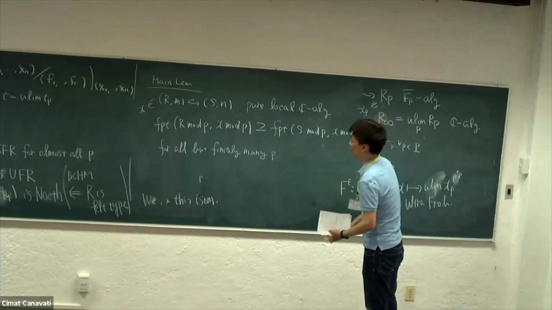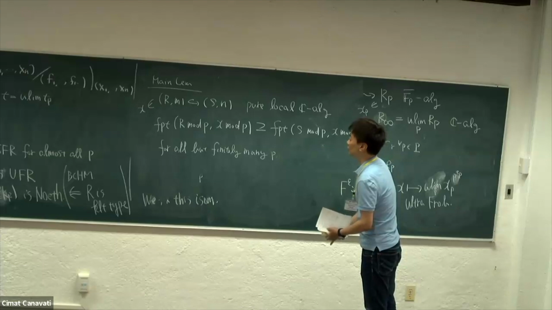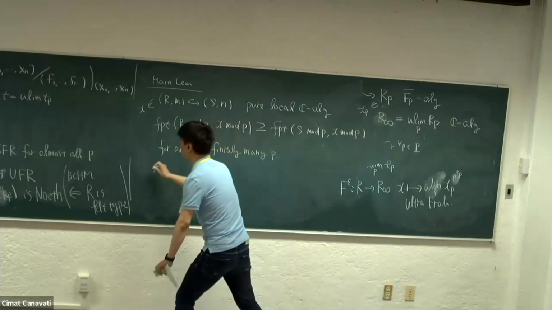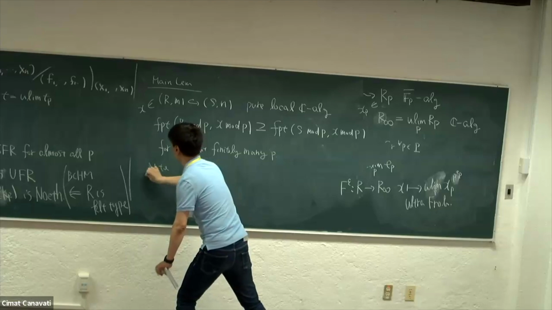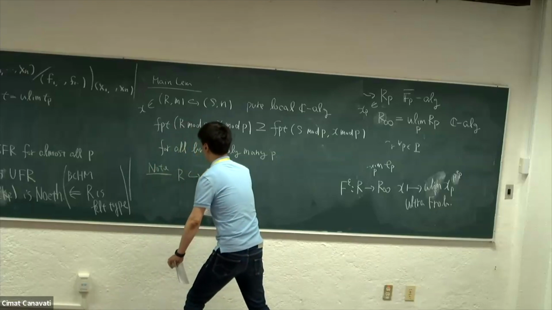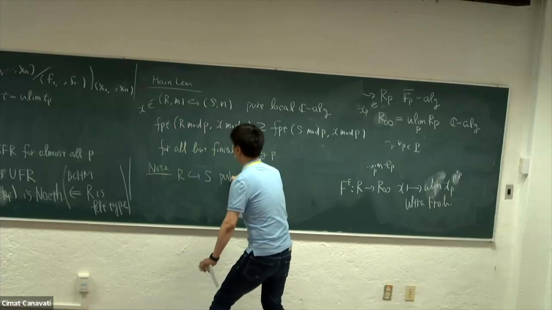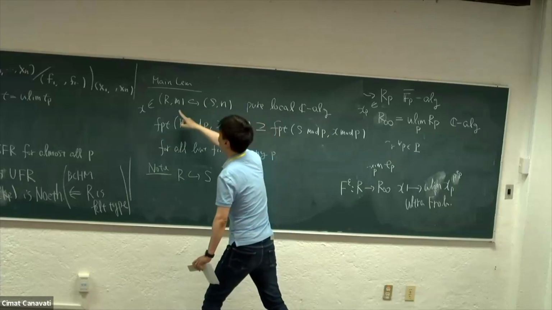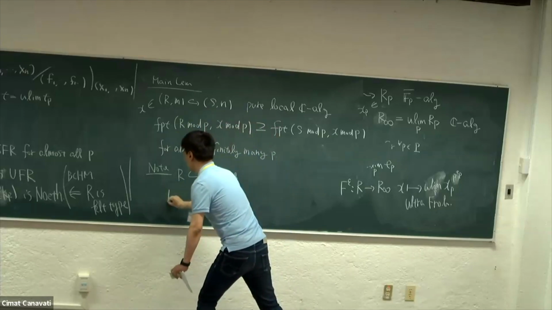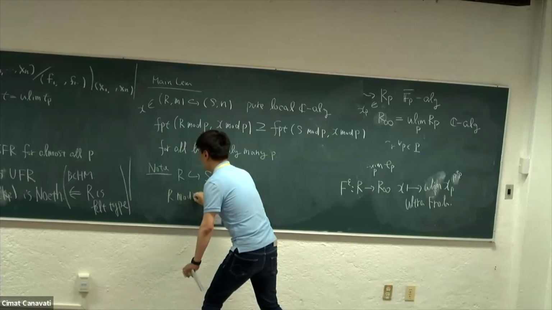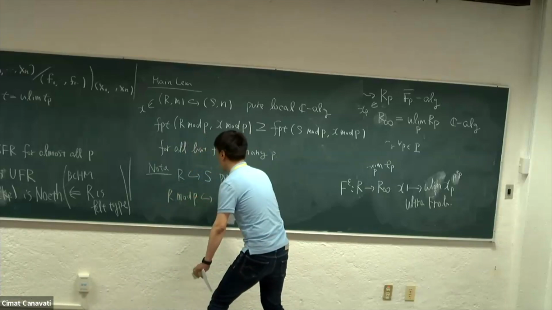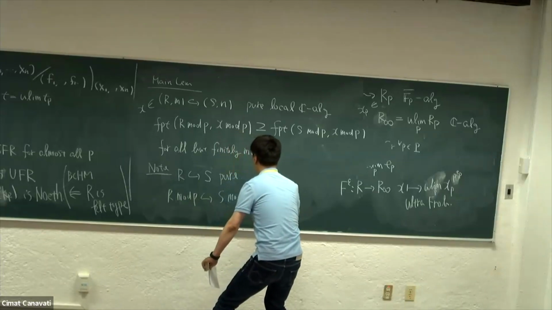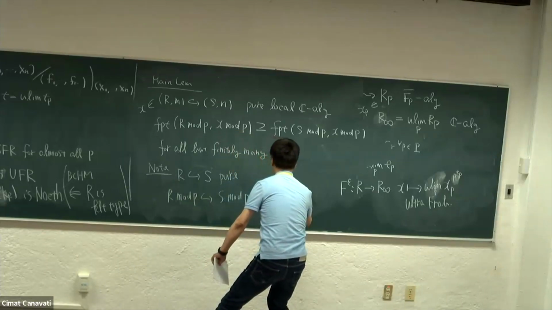This is the main lemma, and I should have mentioned: we are assuming that this is pure, but since S is not necessarily finitely generated as an R-module, we have an inclusion from R mod p to S mod p, but this is not necessarily pure.